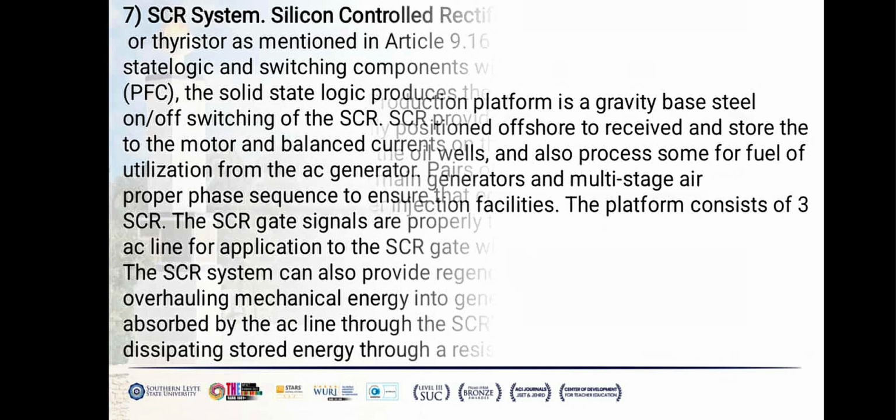SCR system or silicon controlled rectifier. These are mentioned in Article 9.16. It operates on the principle of solid state logic and switching components with a power factor controller. The solid state logic produces the firing impulses that control the on and off switching of the SCR.